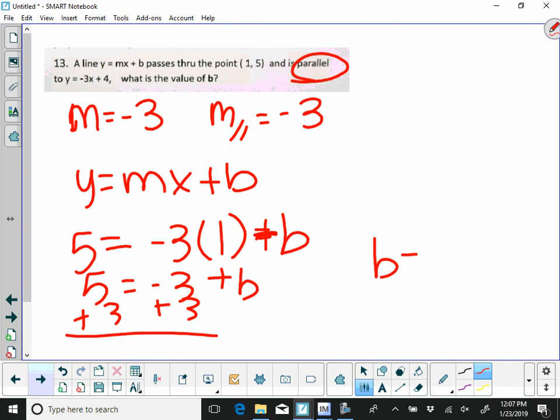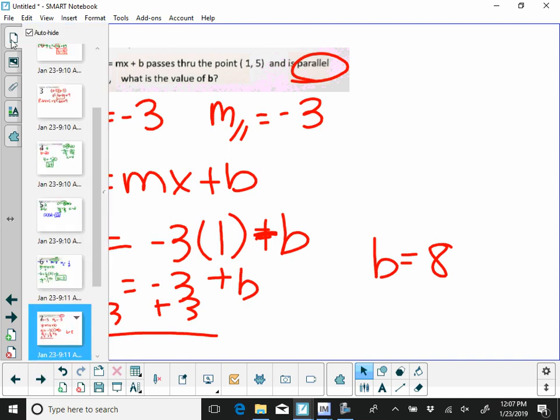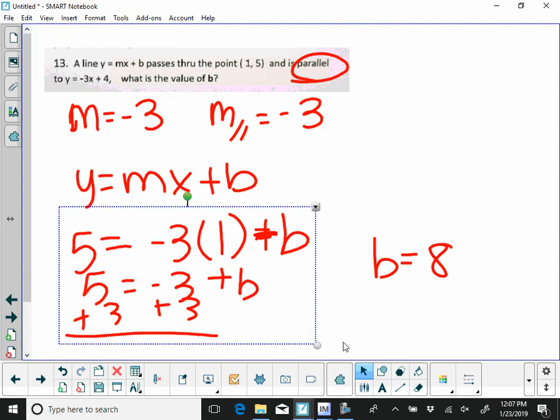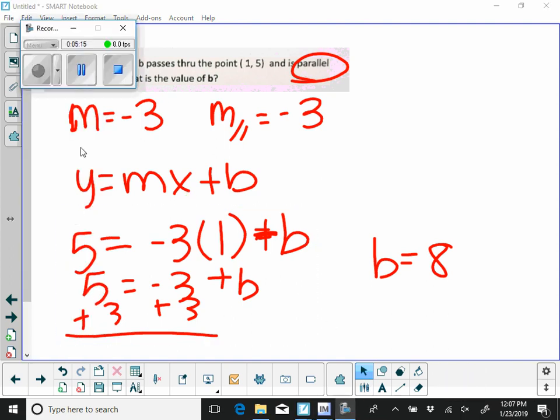And b should equal 8. Okay, so that should take you through the end of those new notes.